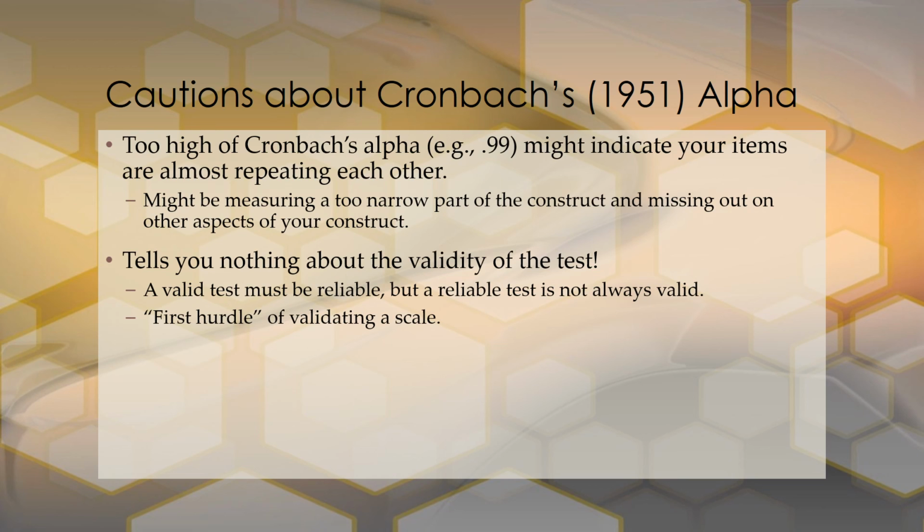If it's reliable, it could possibly be valid, but it doesn't mean it is valid. It doesn't mean it is accurate, or that it's actually measuring what you meant to measure. It's just consistently measuring the same thing with multiple items. It doesn't mean it's measuring what you think it is. I'll leave you there.